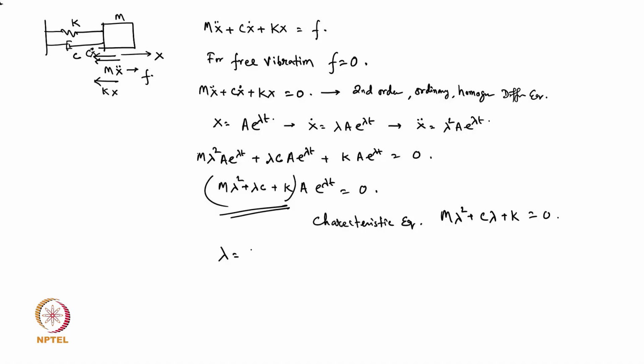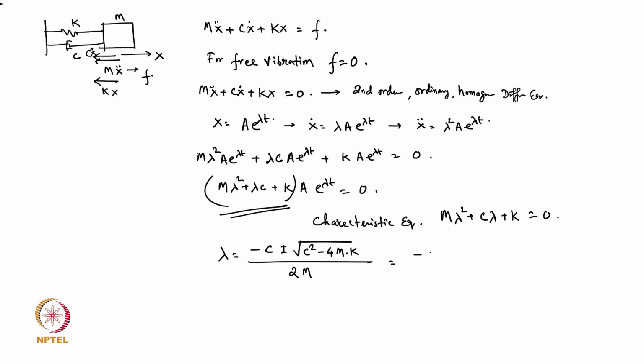Lambda equals minus b plus or minus root over of b square minus 4ac by 2a. That is a very well known formula to all of us.